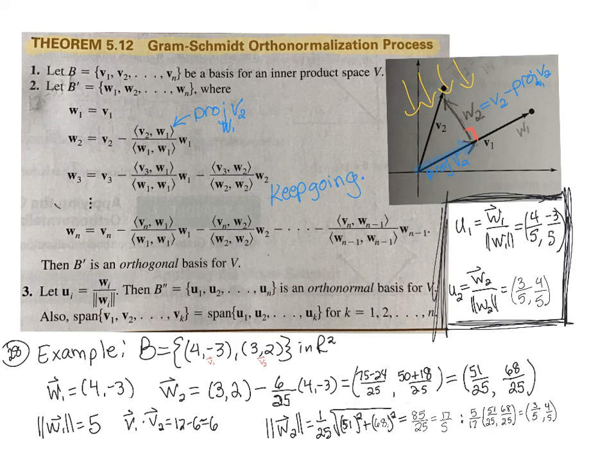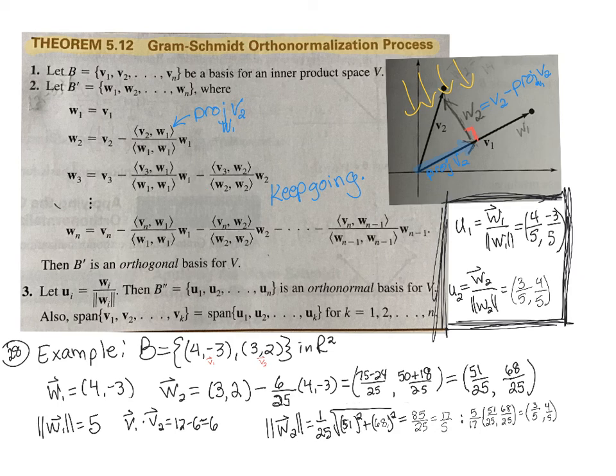So now you have two vectors in your basis that are orthogonal to each other, and you keep doing the same kind of process over and over again to get as many vectors as you need for your basis. And you need n vectors to be in your basis if you're in n-dimensional space, right?